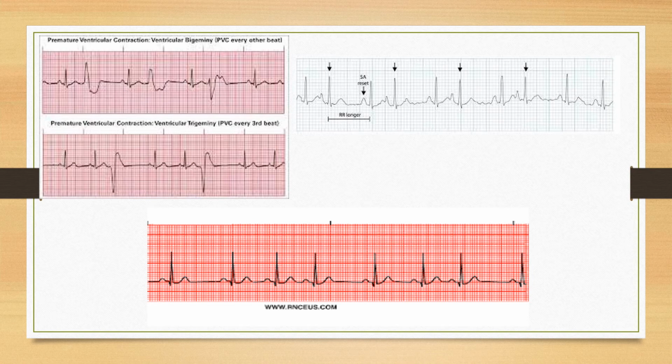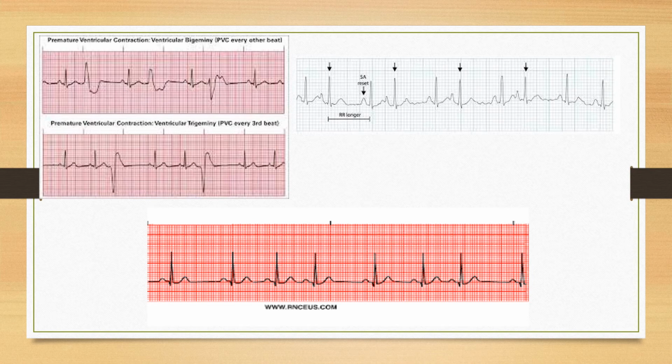These people are having PVCs every third beat or every other beat. The problem is that these could be non-pulsatile, meaning they don't actually create enough of a squeeze to cause blood flow to move forward. So then you can essentially take this person's heart rate and divide it in half, okay?